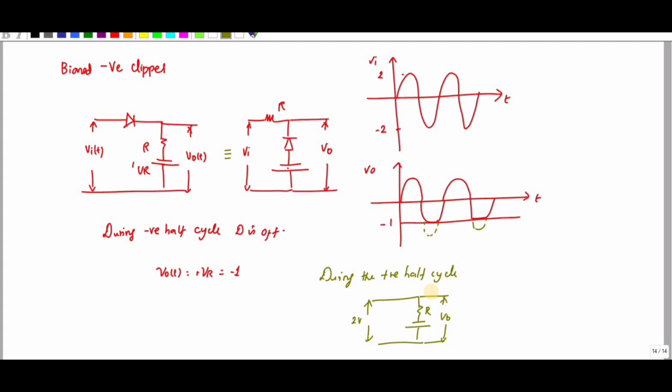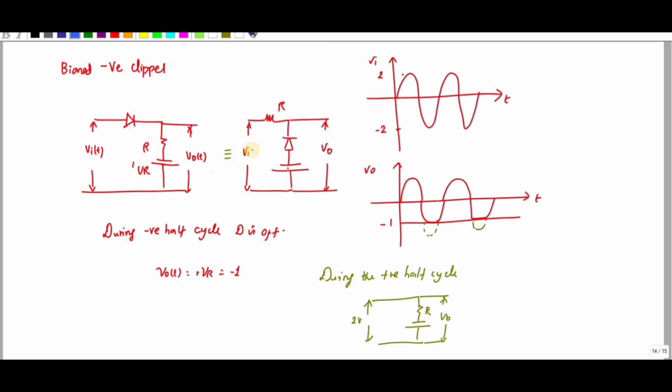So the next one is a combination clipper. So the circuit diagram is, I'm going to club this one. Let me name this one as D2 and this one as D1.